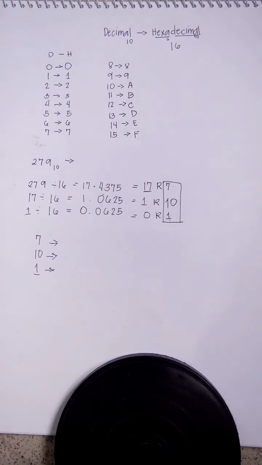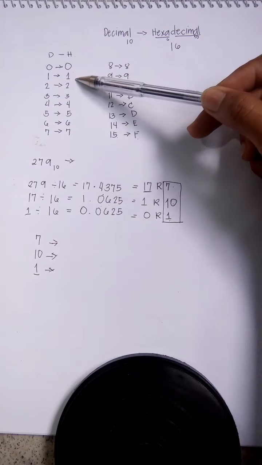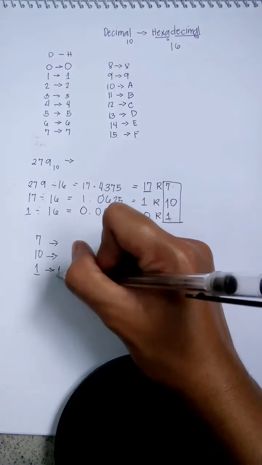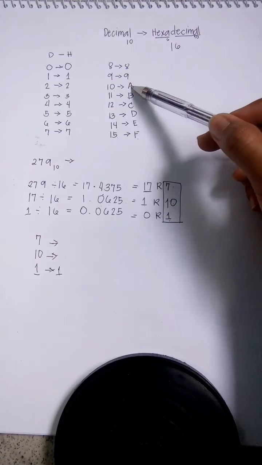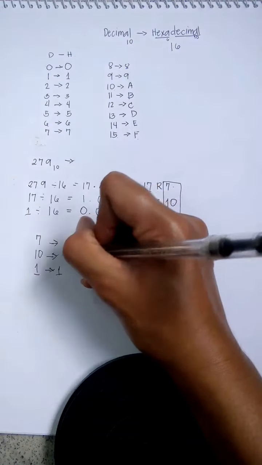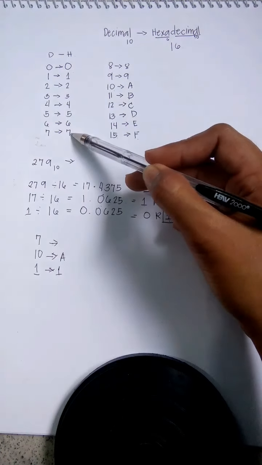So the remainders, you want to convert them to a hexadecimal number. 1 as a decimal is 1 as a hexadecimal number, and based on the chart, 1 corresponds to 1. Then 10 corresponds to A. Then 7 corresponds to 7.